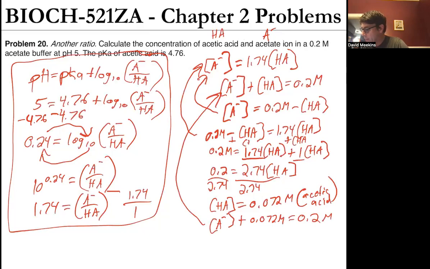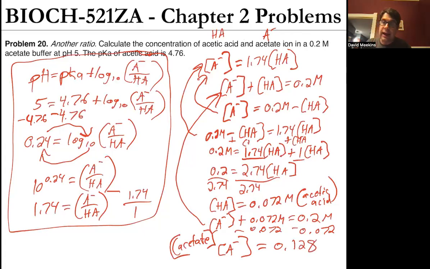So if we subtract 0.072 from either side, we find out that the conjugate base, or the acetate concentration, is going to equal 0.128.